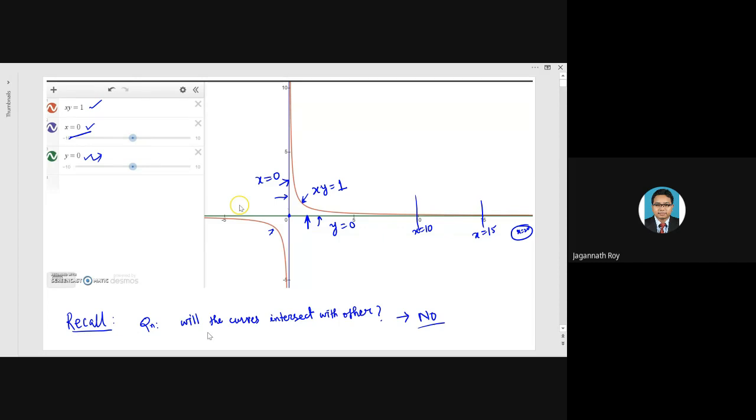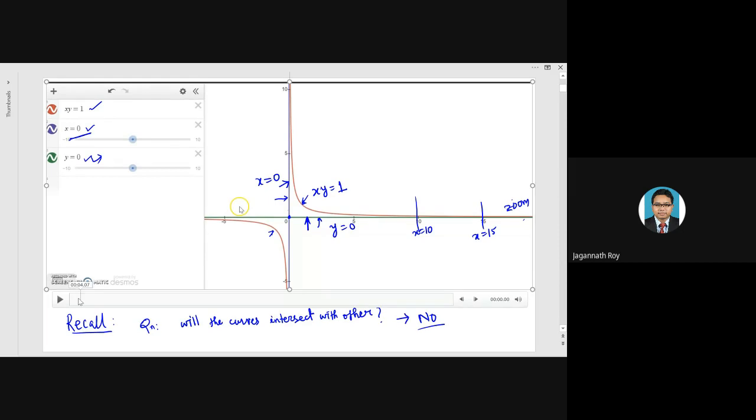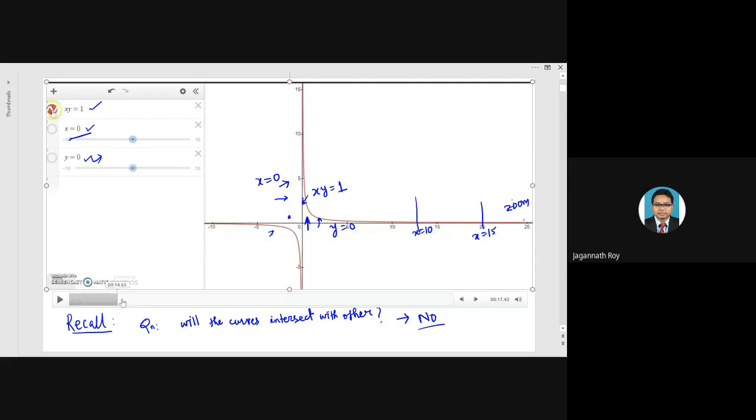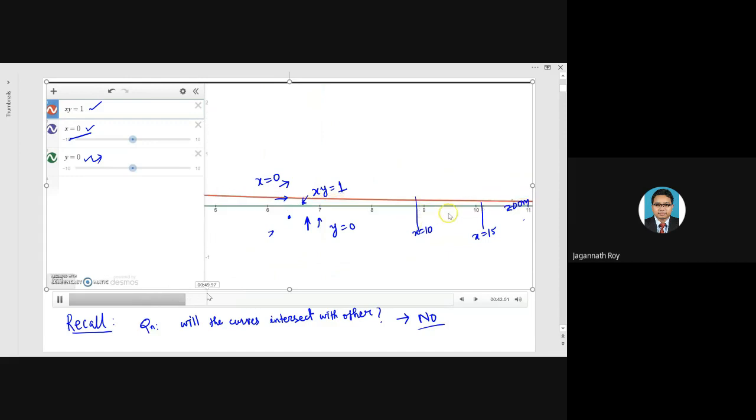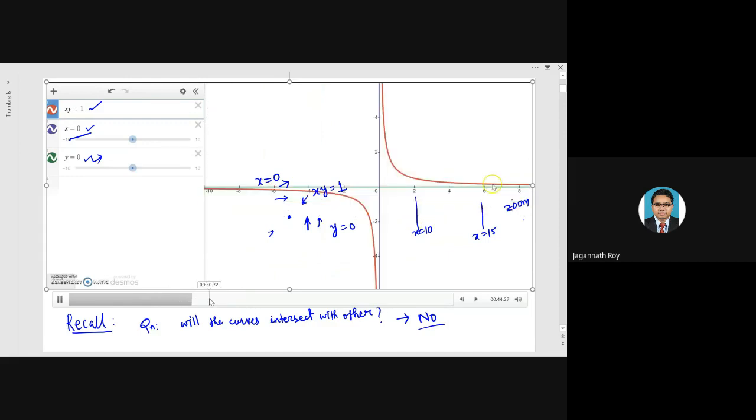But if you zoom in, or let us try, then you will get that they are not actually meeting at each other. They are not crossing their paths. No matter how far you go, if you zoom in, you can see that they are not actually meeting at each other.